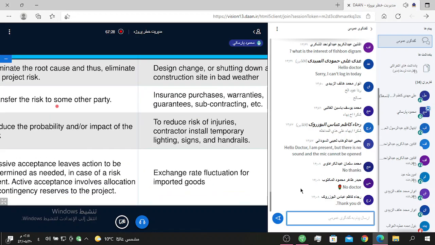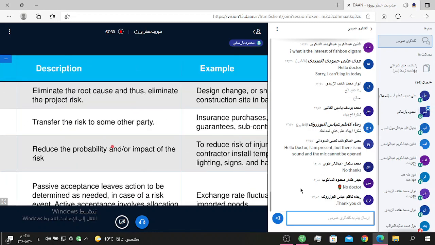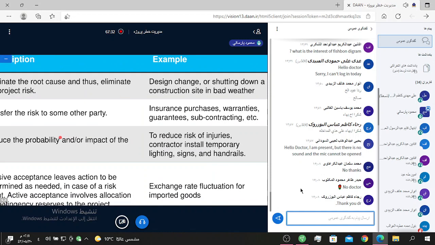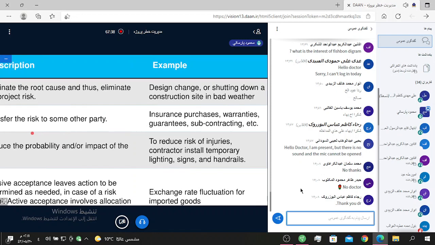And some examples, for example, about the strategy of avoidance: design change or shutting down a construction site in bad weather.